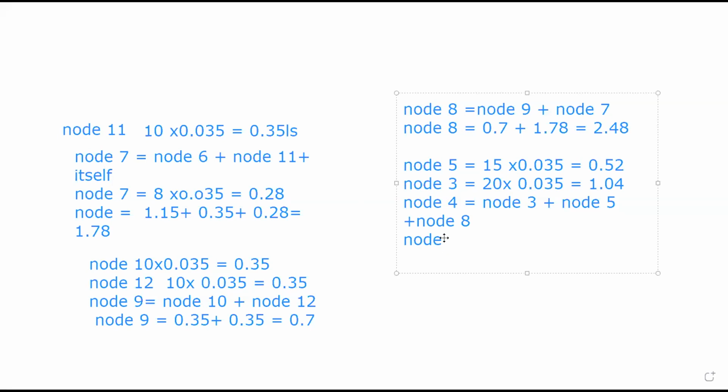So node 4 is now node 3 plus node 5 plus node 8. What is the value of node 3? Can somebody help?